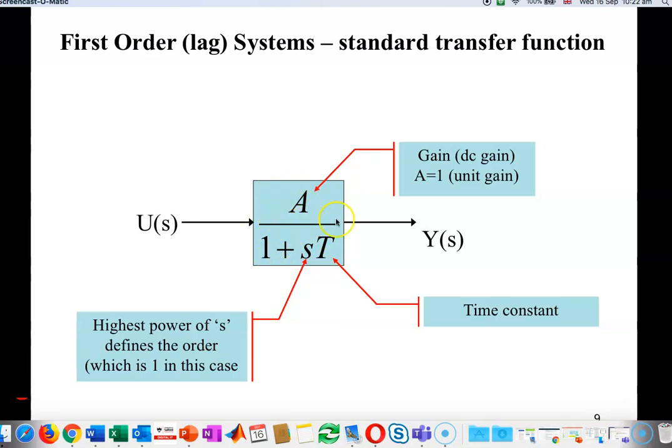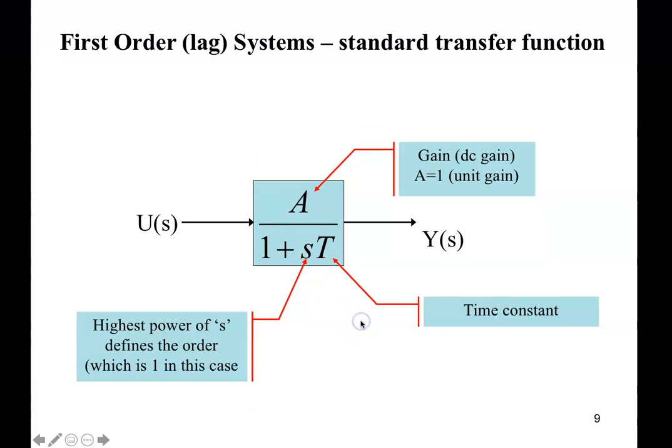For the first standard format, it has to be 1 plus something. If that number is not 1, then it's not in the standard first format. And of course, you can always reformat it.